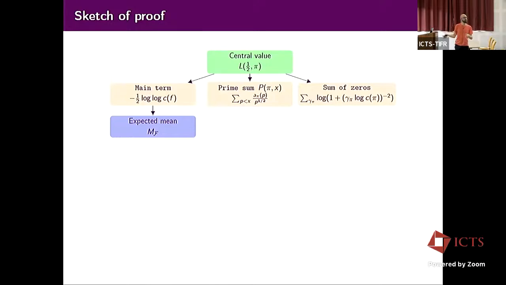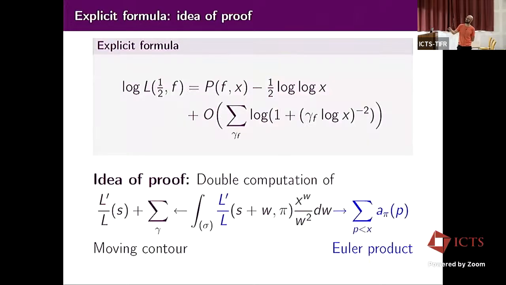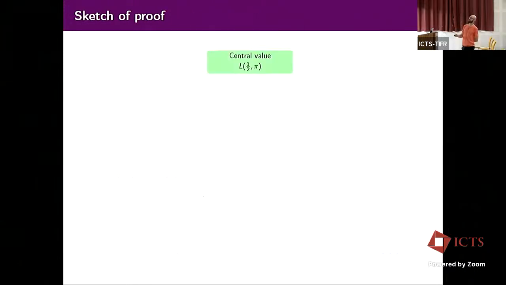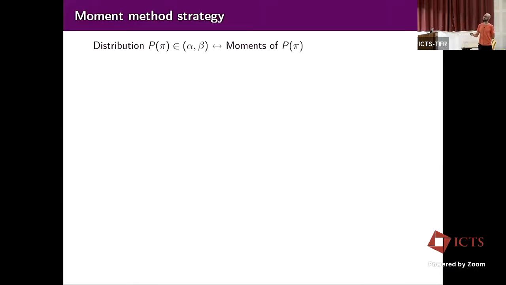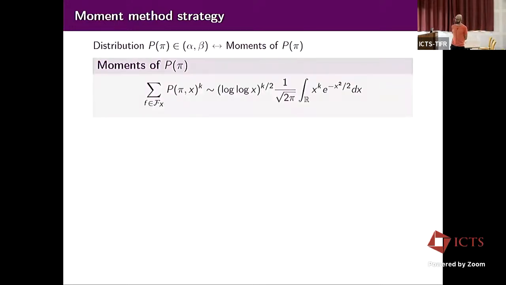So I can remove the expected mean, and then what remains from the explicit formula is essentially the sum over coefficients plus error. So studying the distribution of log L half minus the mean is the same thing as studying the distribution of P, my sum over coefficients. And that will be done by studying their moments. I'll explain why right after giving the results.